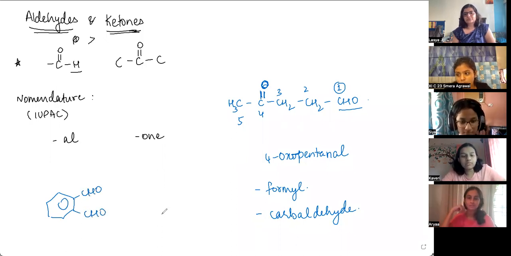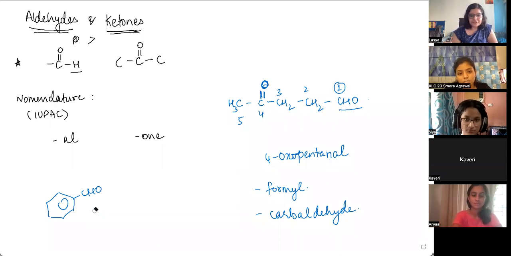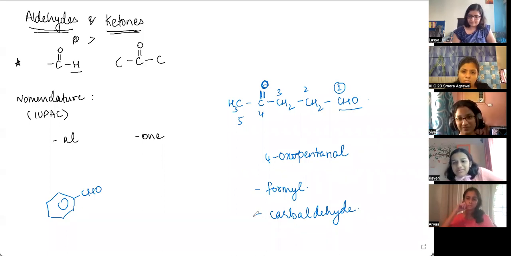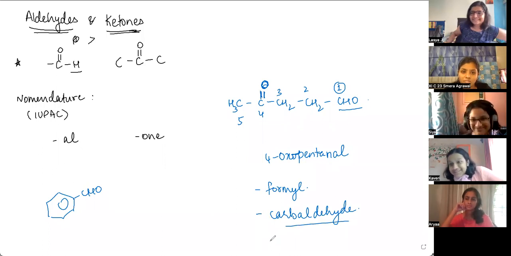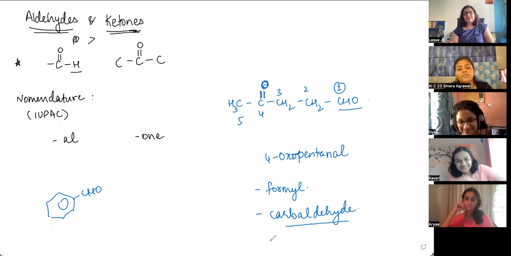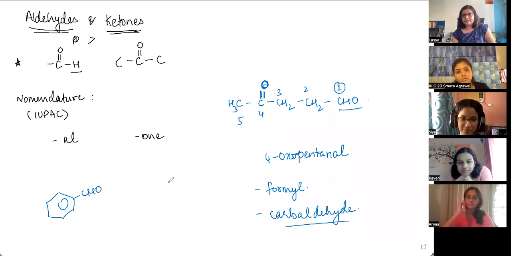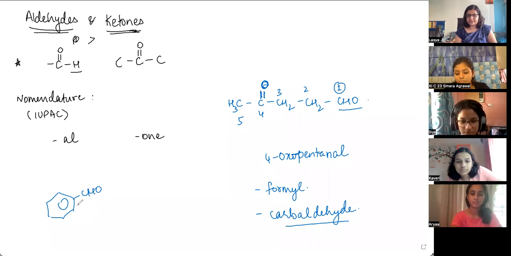If there's only one CHO, which is the simplest aromatic aldehyde, what is this called? A common name is benzaldehyde and the IUPAC name is benzenecarbaldehyde. But IUPAC accepts benzaldehyde also. It's like phenol and aniline and anisole and these sort of names. The simplest one, IUPAC accepts it.